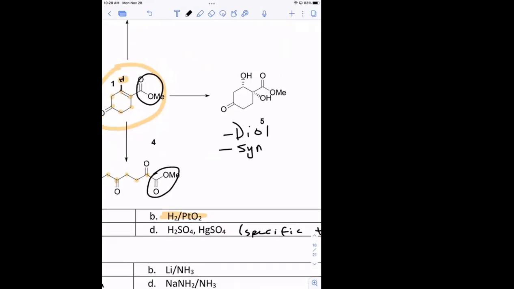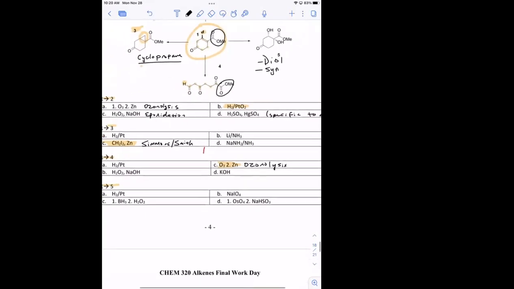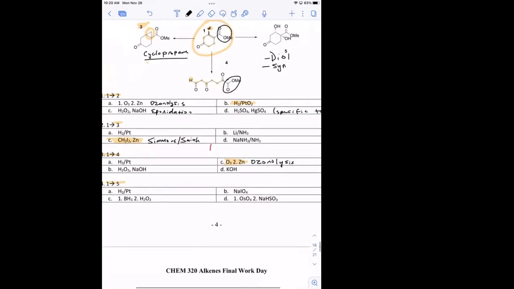So now let's look at the choices. What set of reagents do I have down here that can make a syn diol from an alkene? D. You say D? Good. Osmylation. That's exactly right.